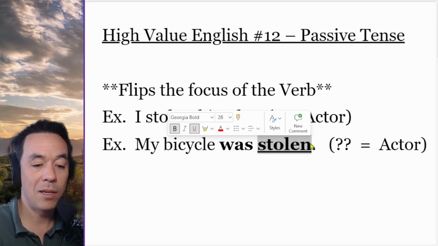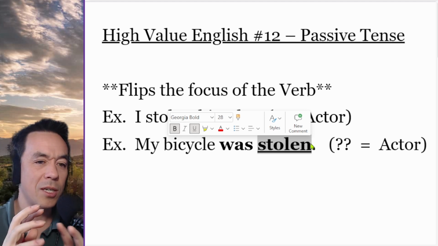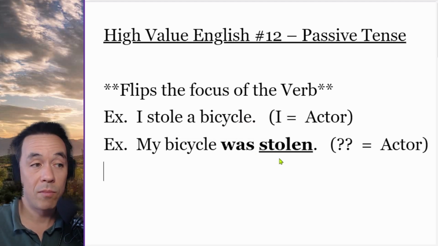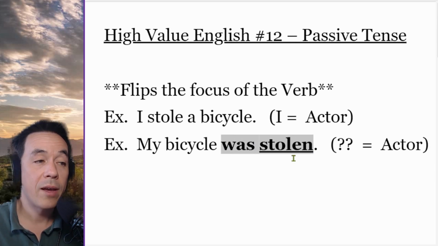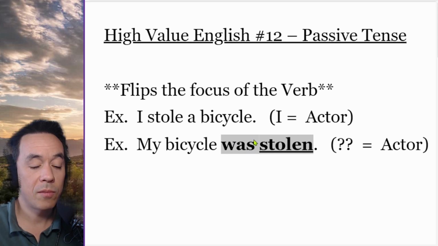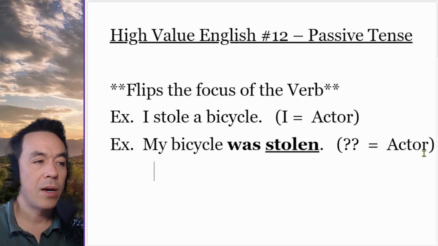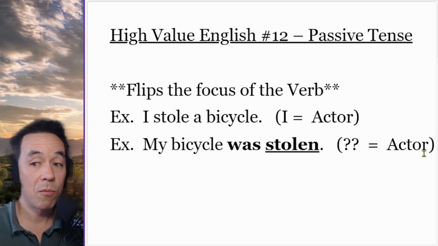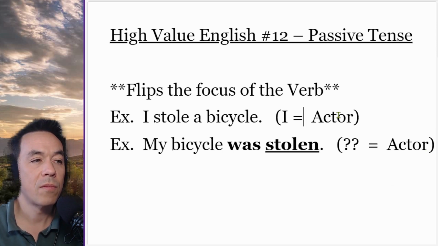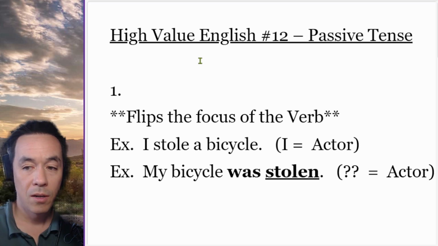It goes back to maybe English history, different languages merging and joining together, and this was the way, the style, to communicate this. So in this case, it's saying, I don't know who did it, but my bicycle is gone. It was stolen.